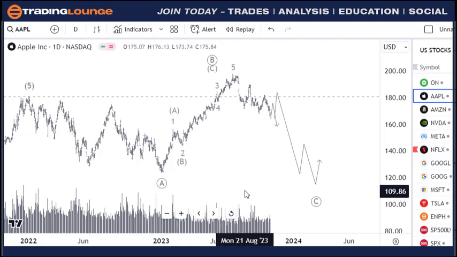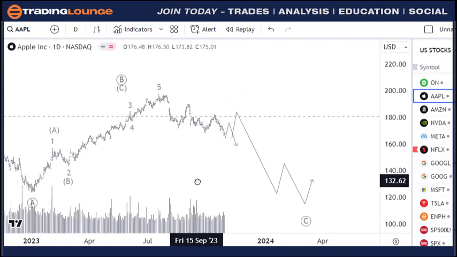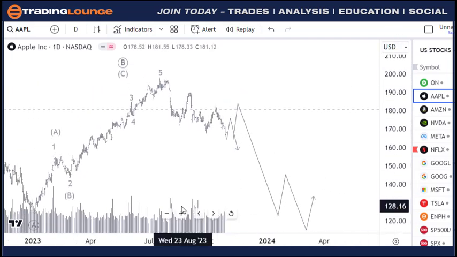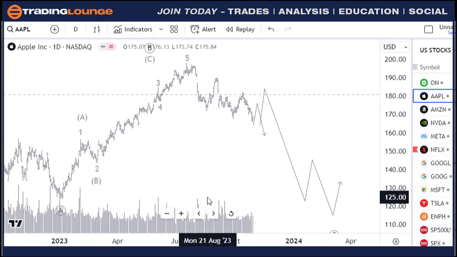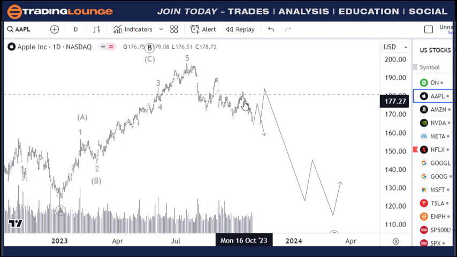Now this move down here doesn't count very nicely as 5 waves like the other markets, the indices. We could force it into 5 waves, or we could count it slightly differently. But the truth is that this little 5 wave structure coming down through here is going to be the same as the NASDAQ and the S&P.